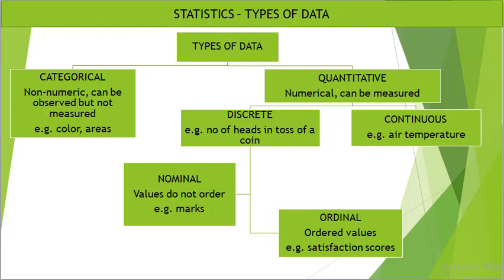Ordinal values are ordered values. For example, satisfaction scores. You may have come across this when you visit a particular store or a hotel, and while checking out, you are given a form to fill in, asking you to put in your satisfaction score. How satisfied are you with this store? How satisfied are you with the service of a particular company?